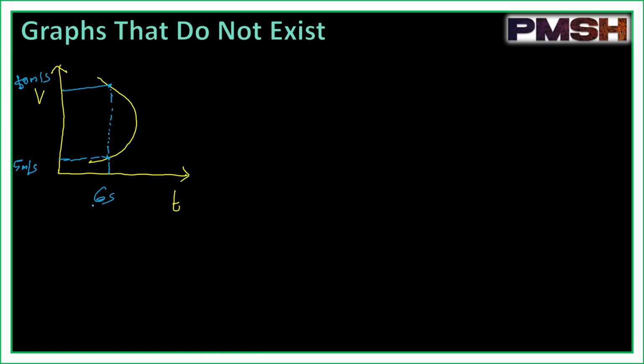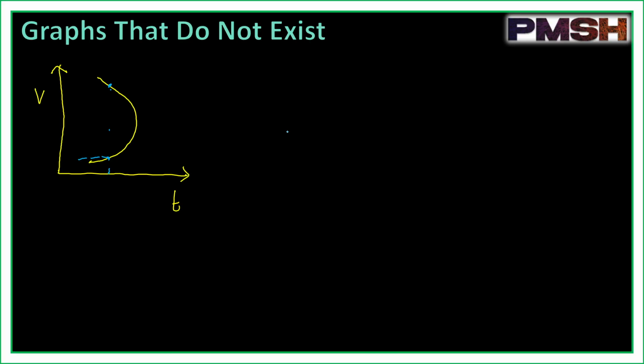So for a single time, 6 seconds, you are getting two values for velocity. Is that possible? A body having two velocities at a single moment. That is not a possible case, right? So this graph cannot exist. Clear? This graph cannot exist.